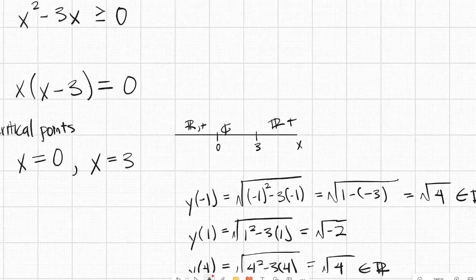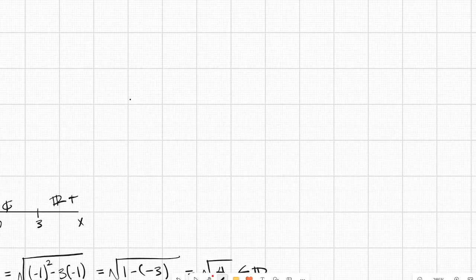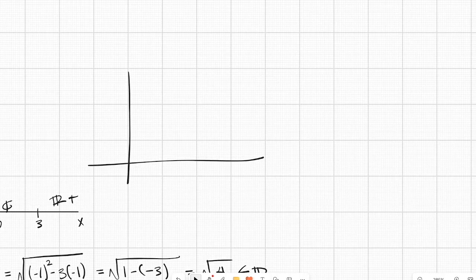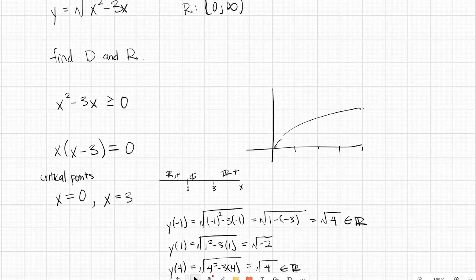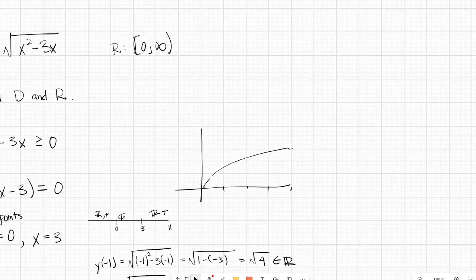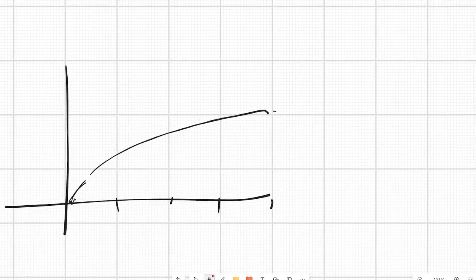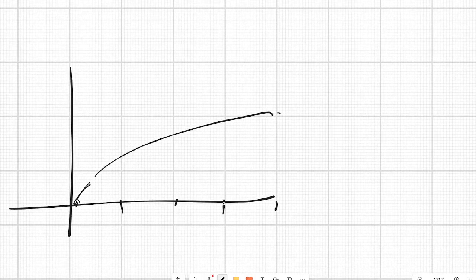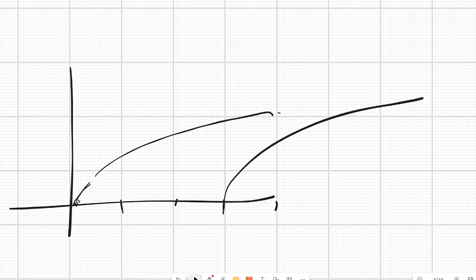And so for the behavior of this function, we know that the square root function looks something like this. If we just had x squared minus 3, this would just shift the graph over this way.